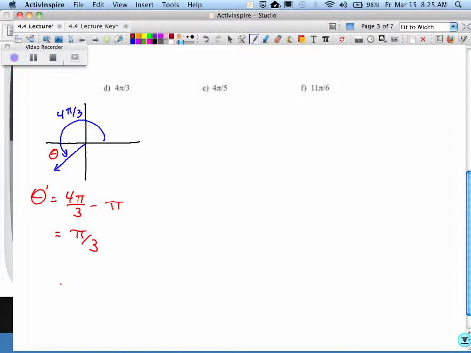So where is 4 pi over 5? It is quadrant 2 because 4/5 would be more than a half, but not 1, right? More than a half, but not 1. So we're right here. So I've opened it up 4 pi over 5.